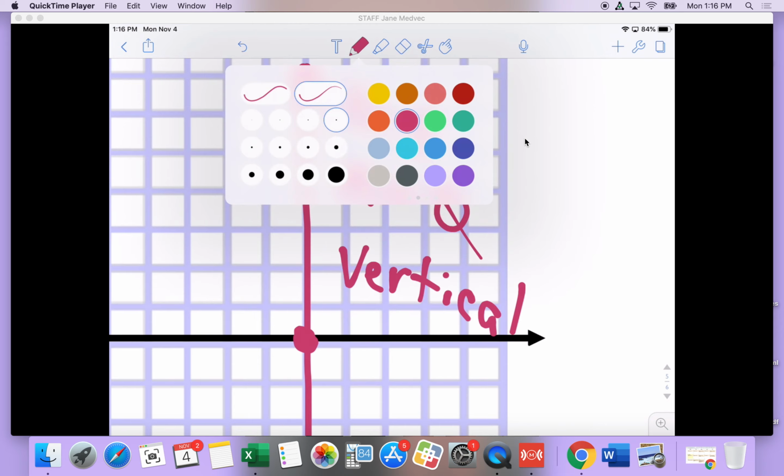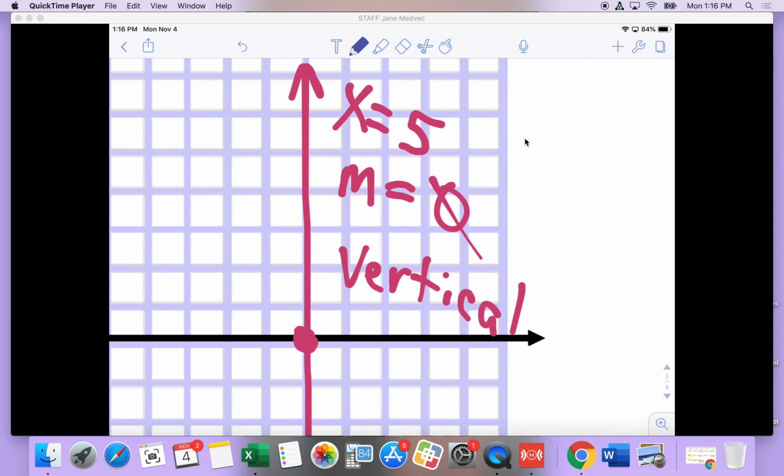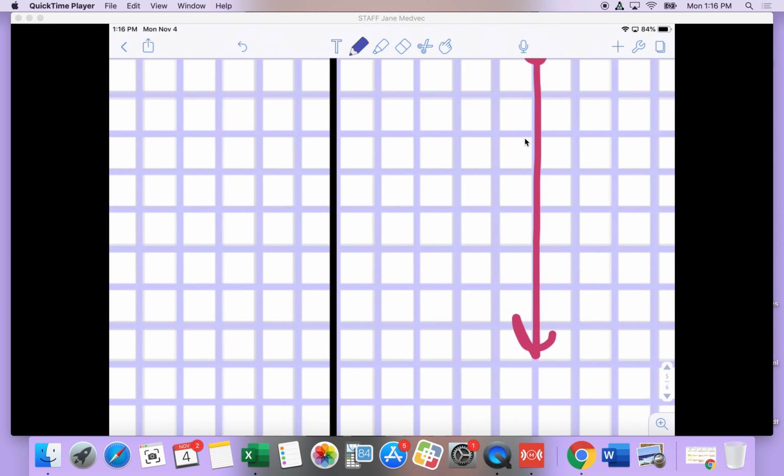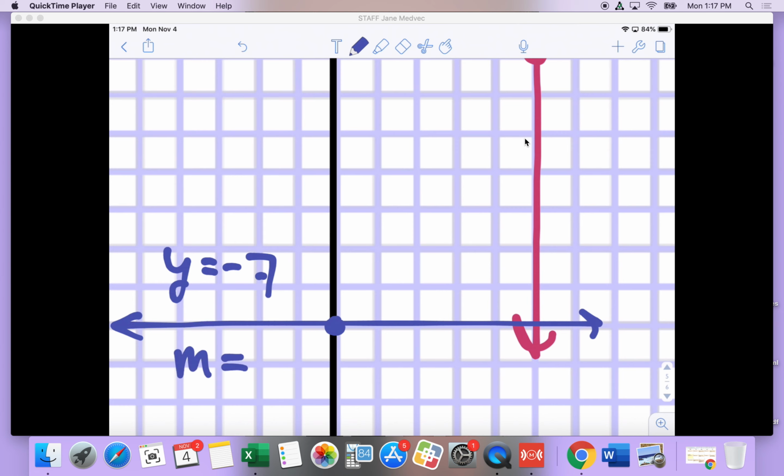Then, y equals -7, so I'm going to come down where y is -7. That's going to be a horizontal line. What's the slope of a horizontal line? 0.